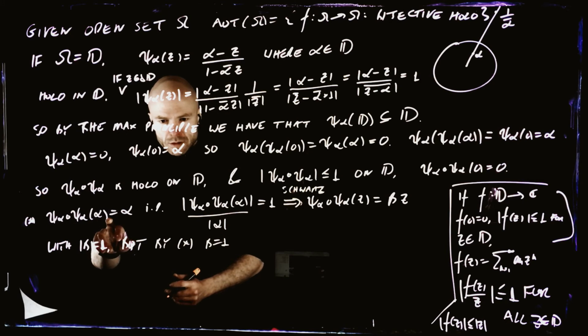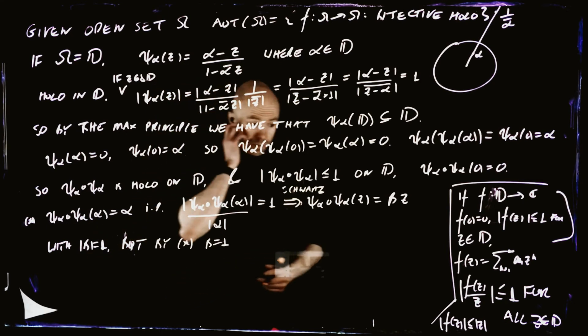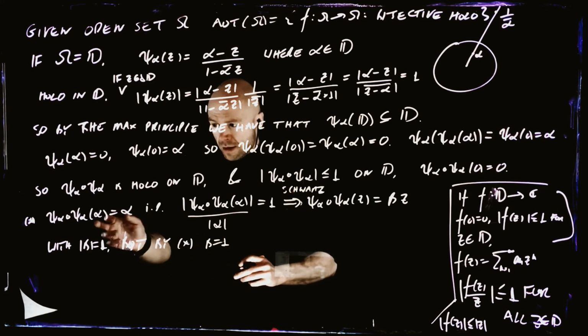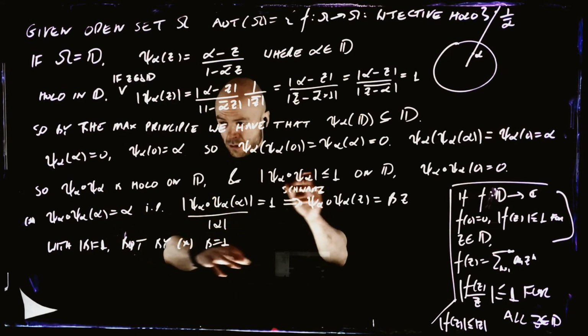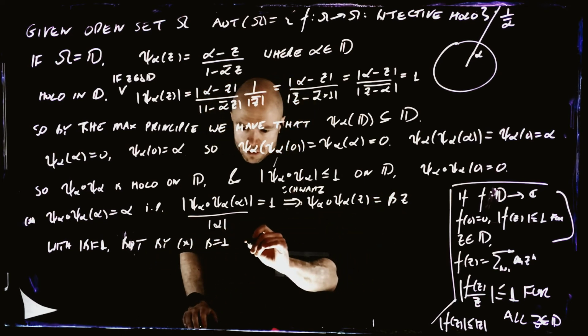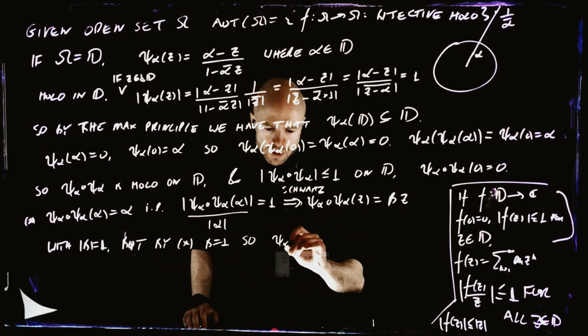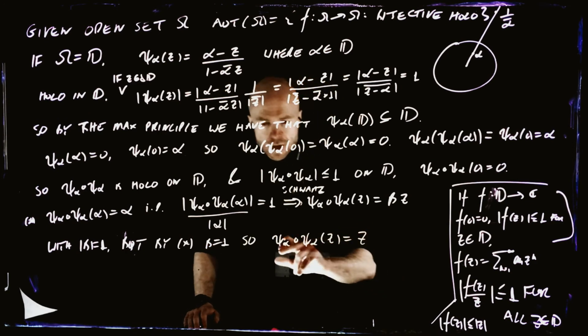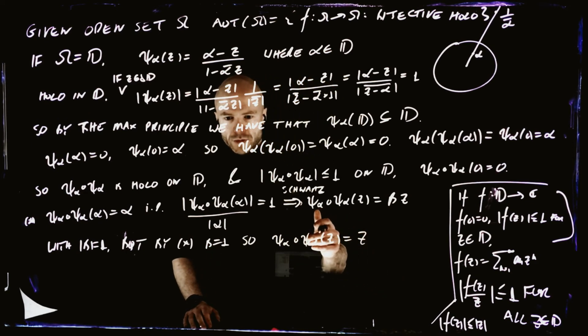See what I mean? So we have beta equal to 1, and therefore phi of alpha composed with phi of alpha of z is just z. In other words, phi is an inverse to itself.